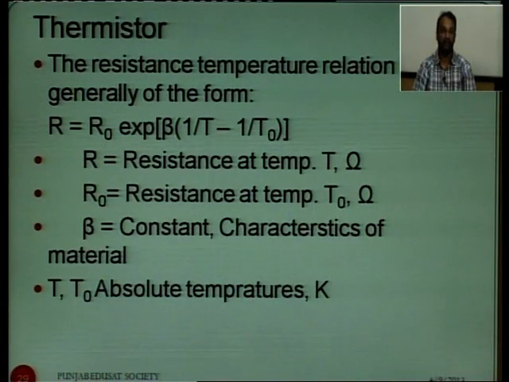The expression is R equals R0, where R and R0 are the resistances at different temperatures, R at T and R0 at T0, exponential beta, beta being the constant depending upon the material, into 1 upon T, T being the temperature in Kelvin, minus 1 upon T0.